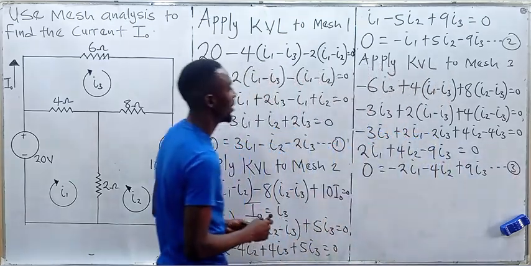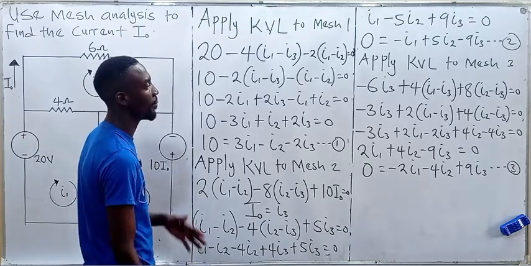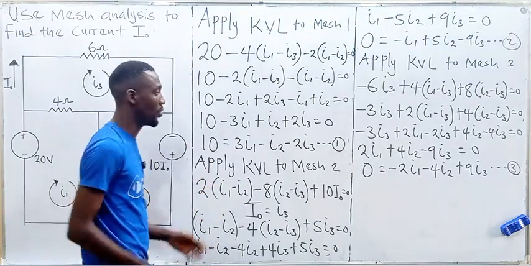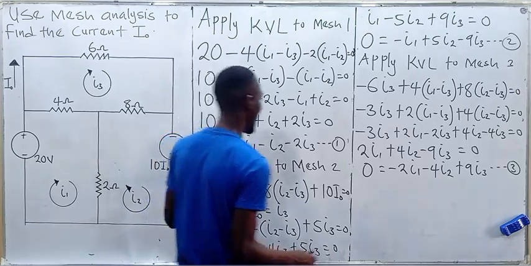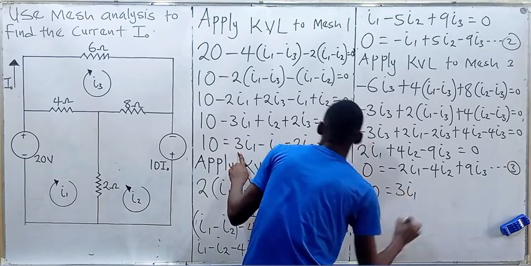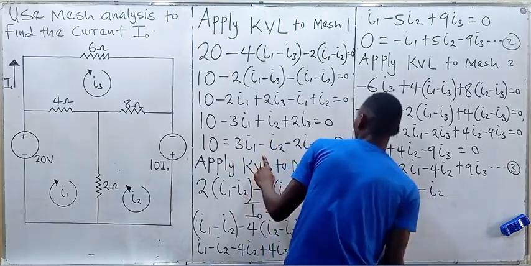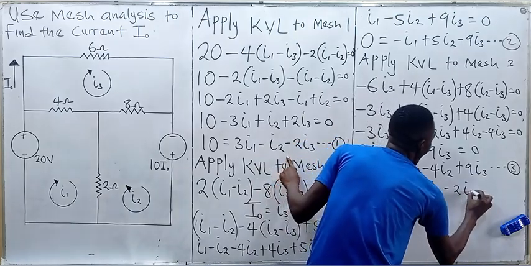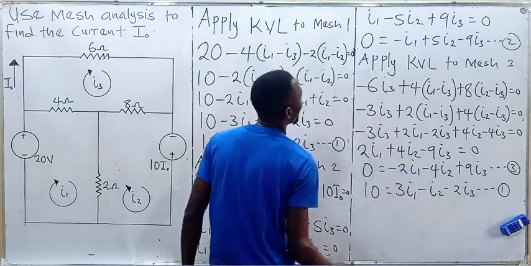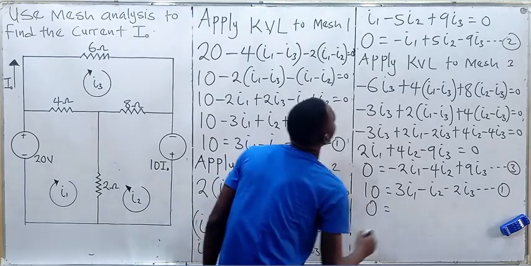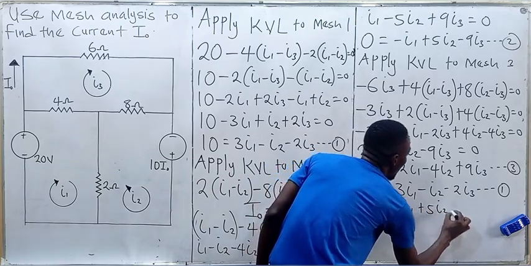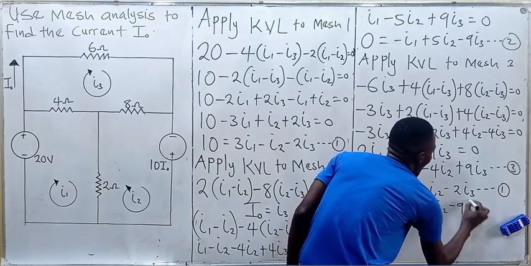All right. So let's rearrange the equations, and we are going to apply Cramer's rule. Equation one is 10 equals 3i1 minus I2 minus 2i3. Equation number 1. All right. Equation number 2, we have 0 equals negative I1 plus 5i2, then minus 9i3.